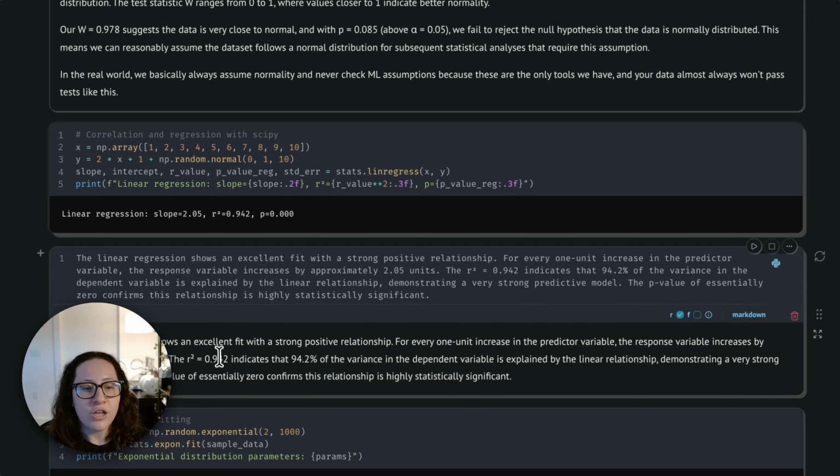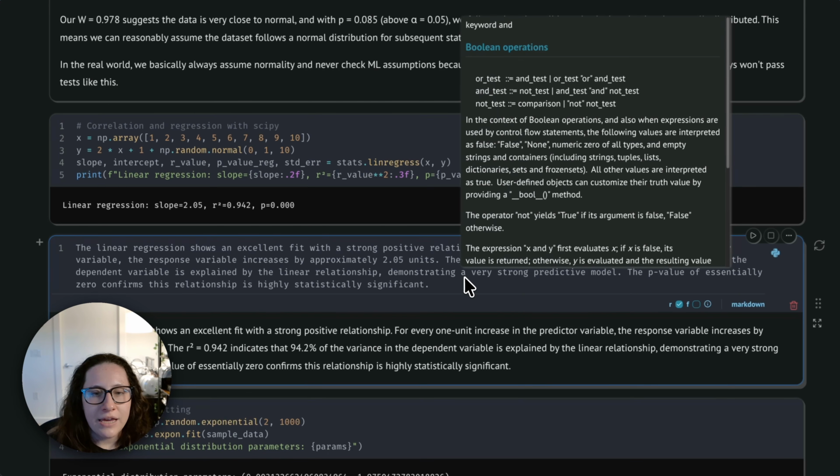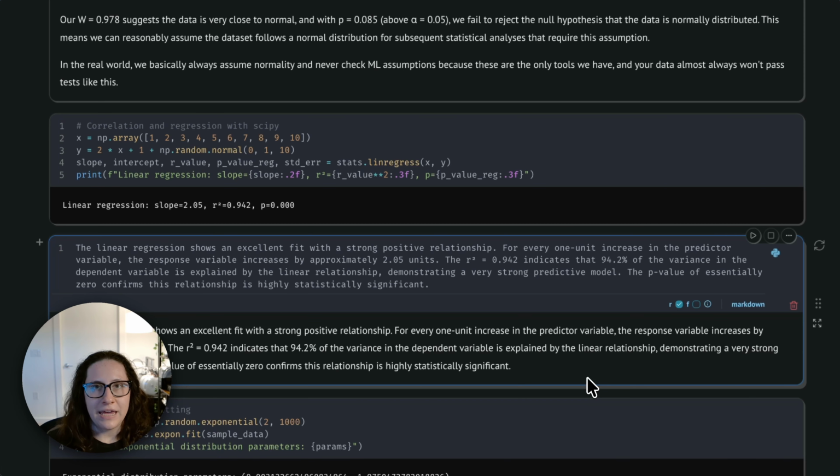And finally, the p-value of essentially 0 confirms this relationship is highly statistically significant. In this case, the null hypothesis would actually be that the slope, or the change in y based on x, is 0, meaning that the 2 variables are completely independent.